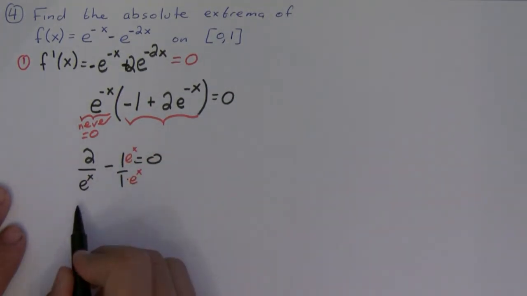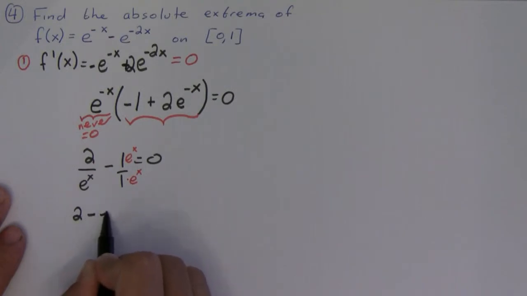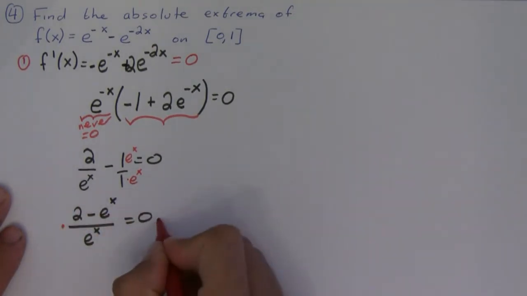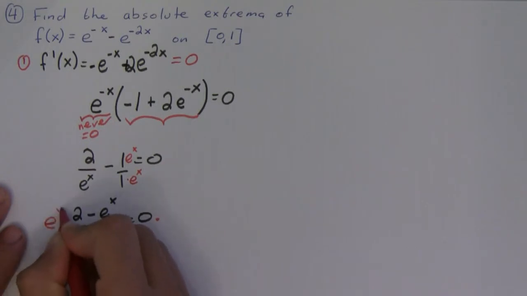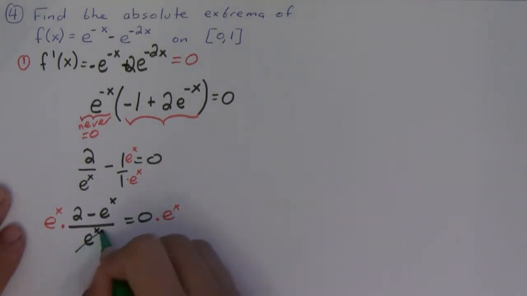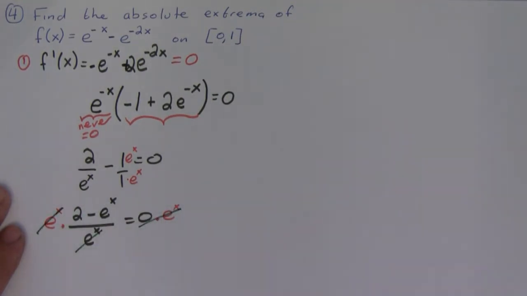So really this equals 2 minus e to the x all over e to the x is equal to 0. And since e to the x is never equal to 0, I can multiply both sides by it, and so they'll cancel here, and this right side is going to equal 0.